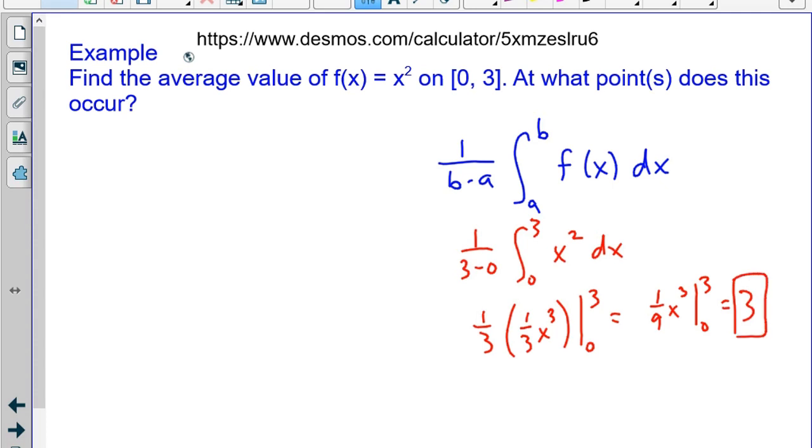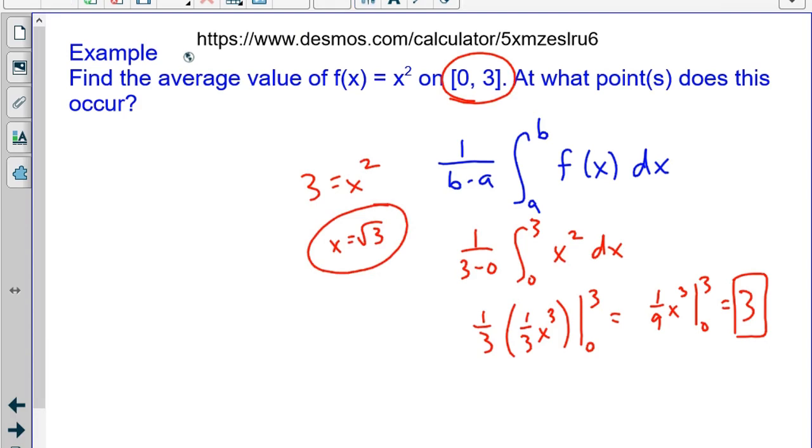So my average value of this function is 3. This is going to occur where x squared equals 3. So x should equal plus or minus the square root of 3. Since we're on the interval 0 to 3, it's going to be the positive version. So x is going to equal square root of 3 in this case.